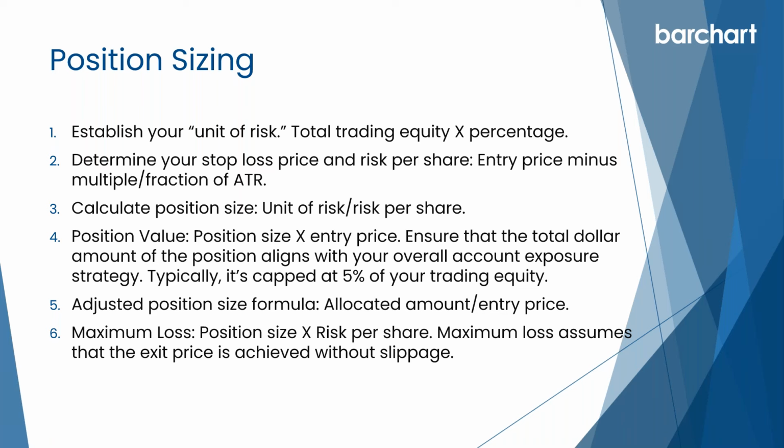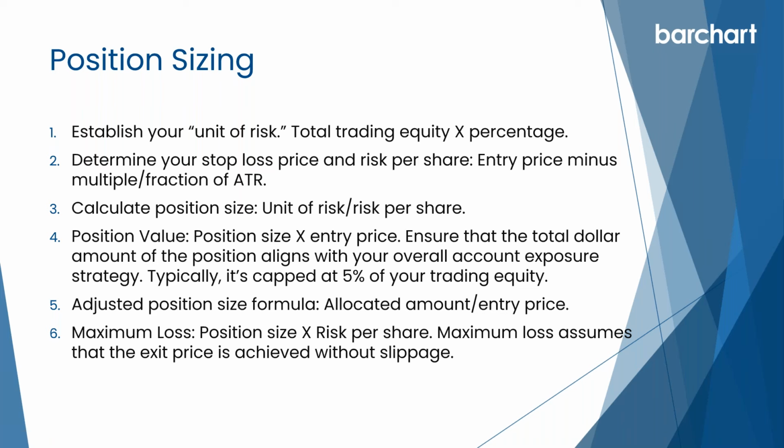So I'm going to take that position size I've derived and I'm going to multiply it by my entry price. And if that value is over my allocation, then I'm going to adjust my position by simply dividing the maximum allocation by the entry price.